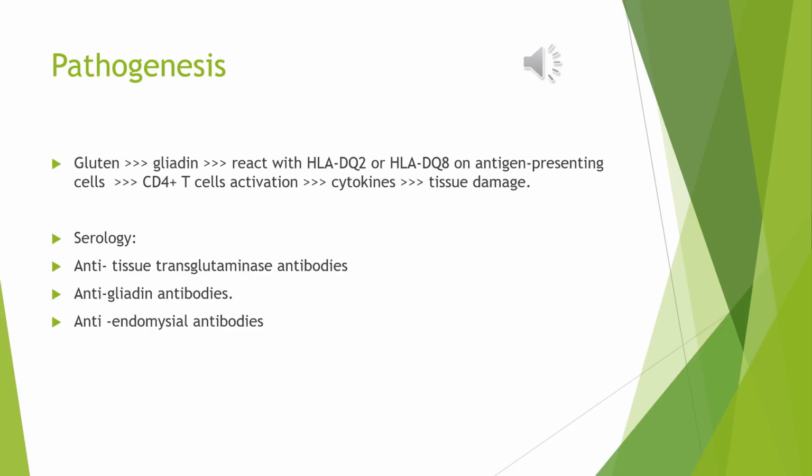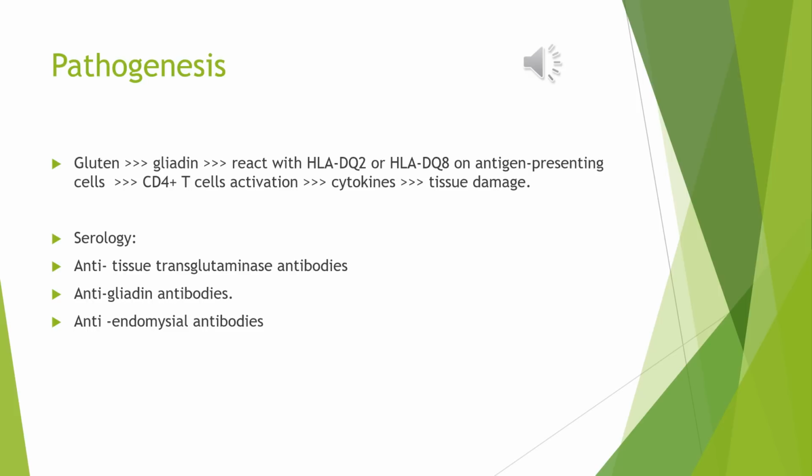So the disease starts with exposure to gluten. Gluten is digested by the intestinal enzymes into the short peptide called gliadin. Gliadin is resistant to digestion by the gastric, intestinal, or even pancreatic enzymes, and this gliadin is usually deamidated by an enzyme called tissue transglutaminase.